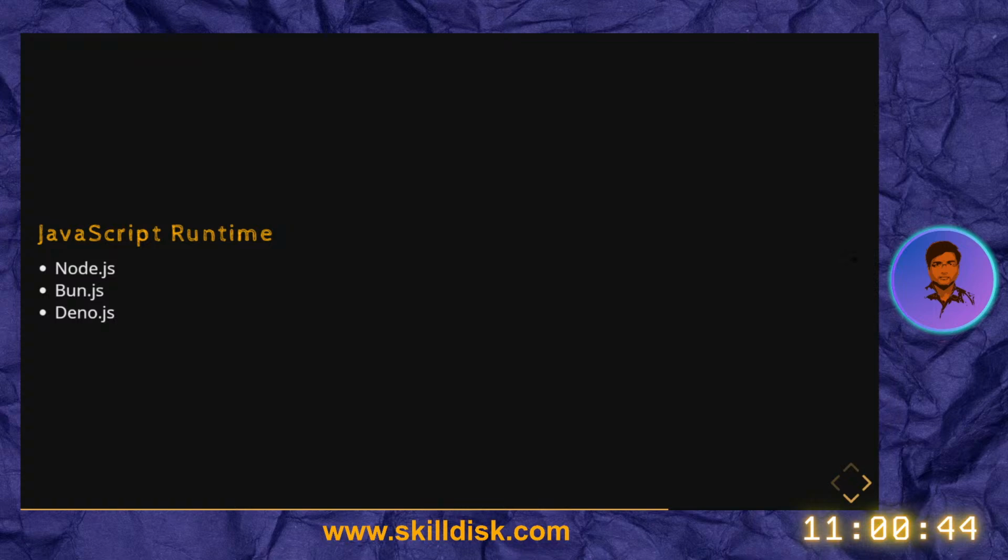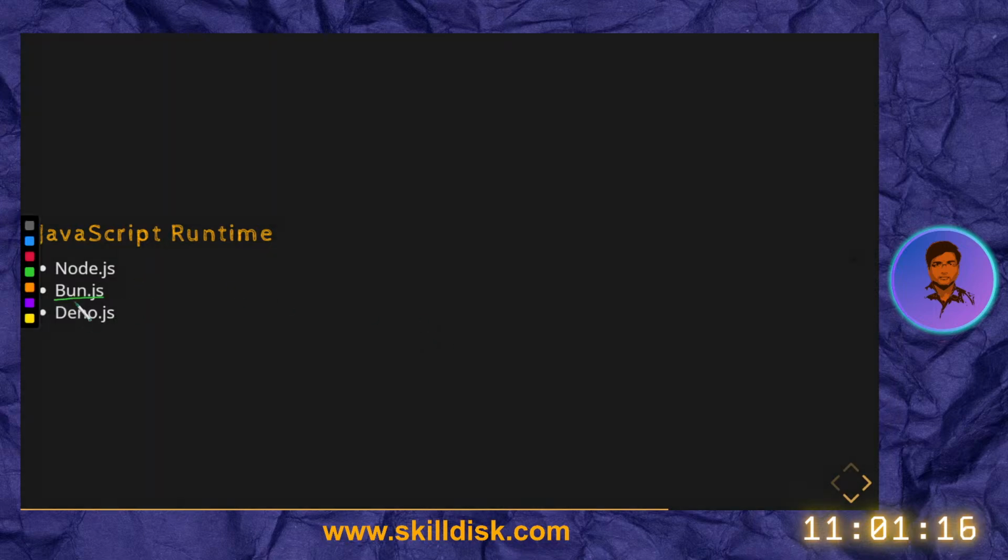Like if you want to write and execute Python code, you should have Python installed in your system. Similarly, for JavaScript code, you can use your browser console, but if you want to write a script and execute it in the terminal without using a browser, then you should have one of these JavaScript runtimes installed. In today's session, I'll be going through Bun.js.